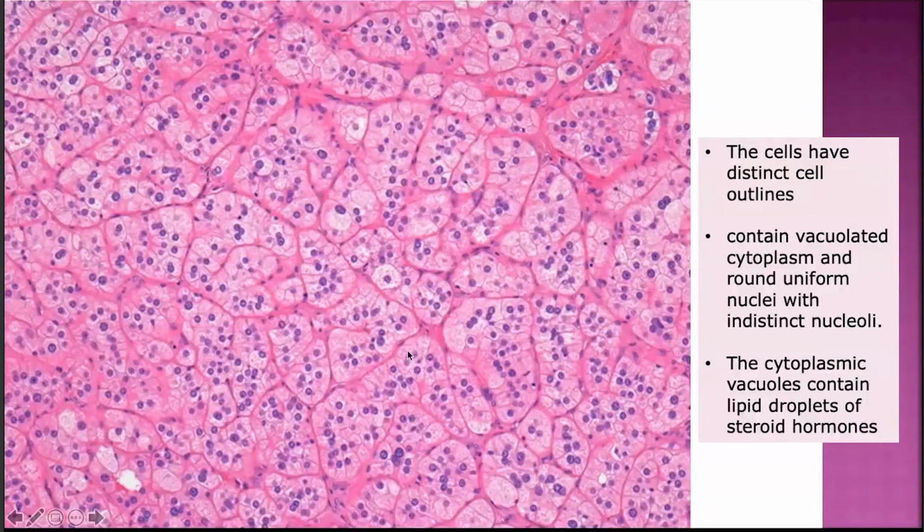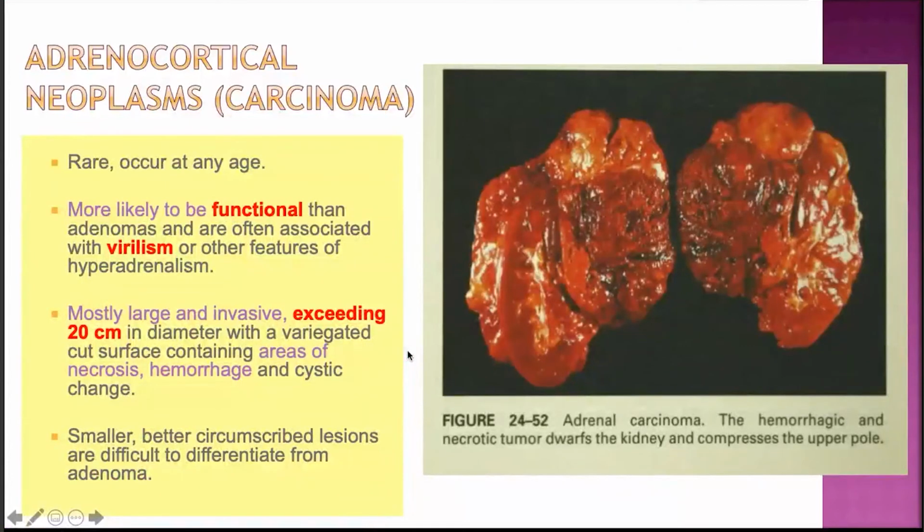But carcinoma may occur, though it is quite rare. And if it is carcinoma, it's more likely to be functional, meaning it is associated with increased production of hormone. Usually the patient is associated with virilism, when it is related with testosterone hormone and so on.